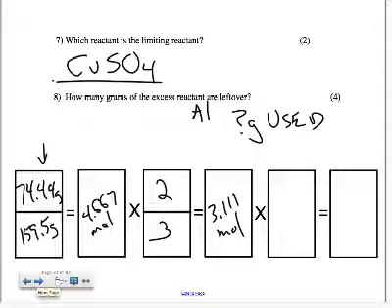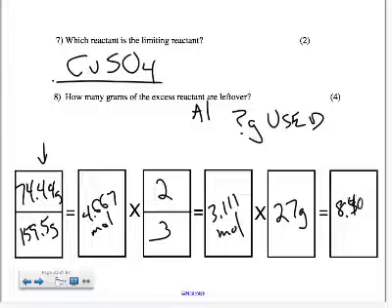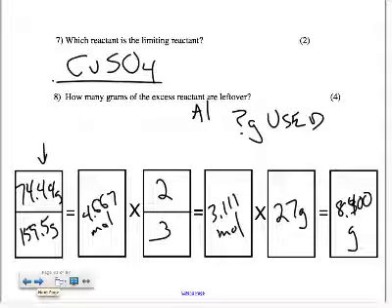moles of aluminum. And we said that aluminum has a mass of 27 grams. So 3.111 times 27 grams is 8.3. It's actually going to round off to 8.400 grams.